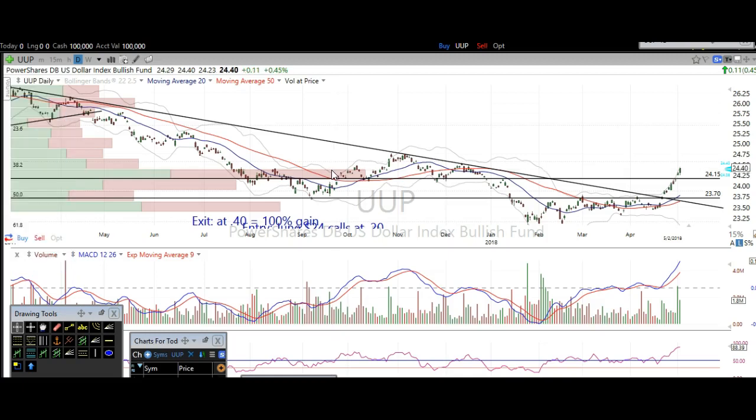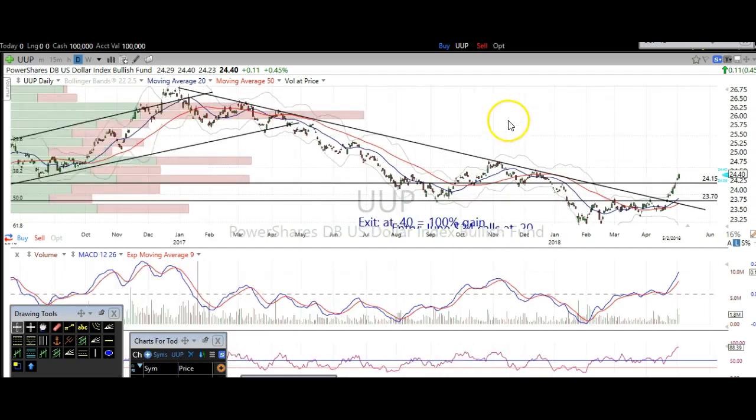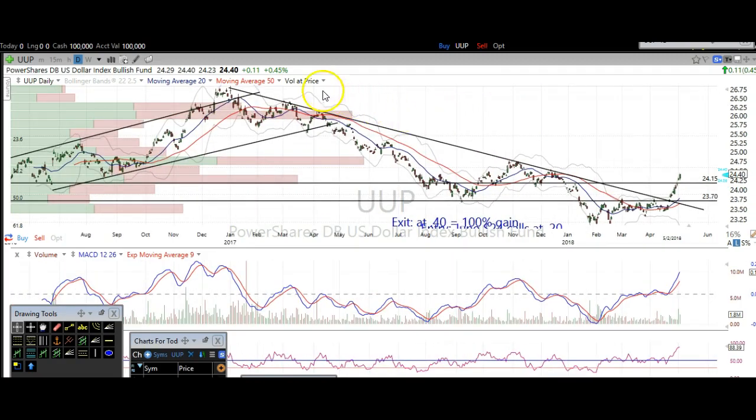that. Now, can we head higher beyond that? Yes, I'm not saying it's going to head lower. I'm just saying this is a level that we're going to have to deal with, and you have to remember that we've been in a downtrend here since the end of 2016. And while we called for a breakout here and we made money on this upside move, you got to remember the main trend here has been down right there.